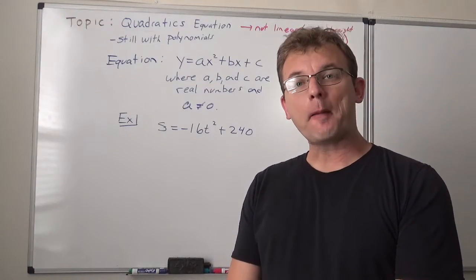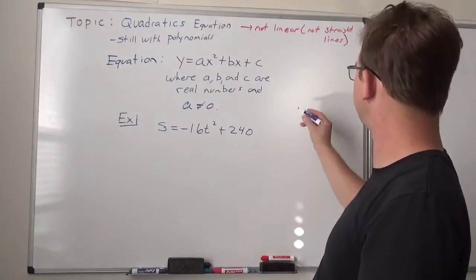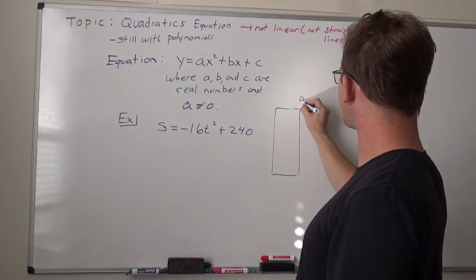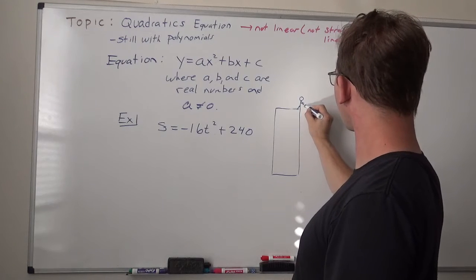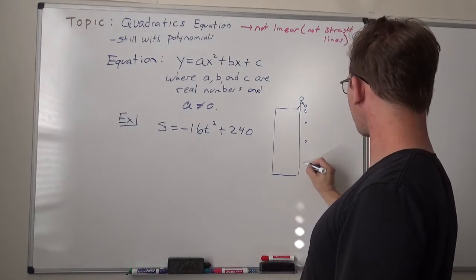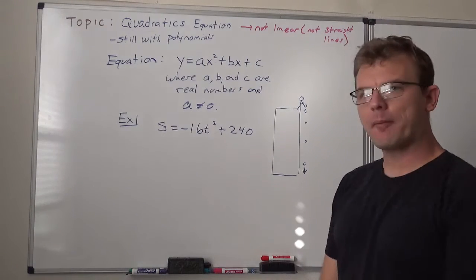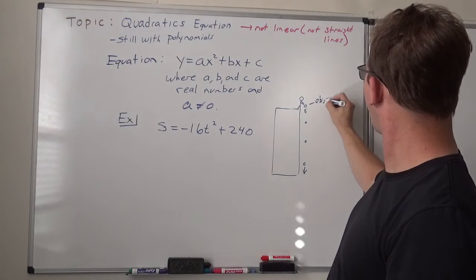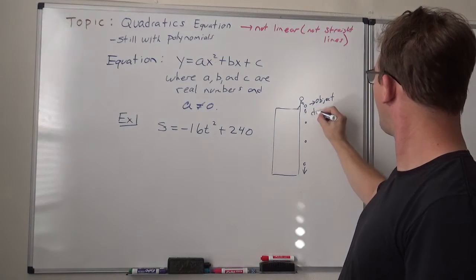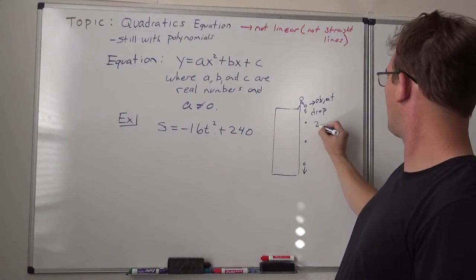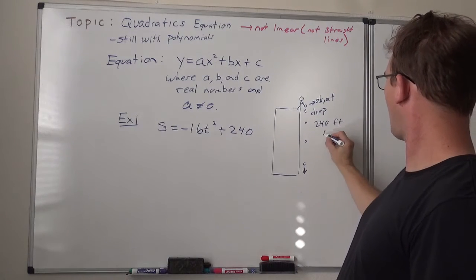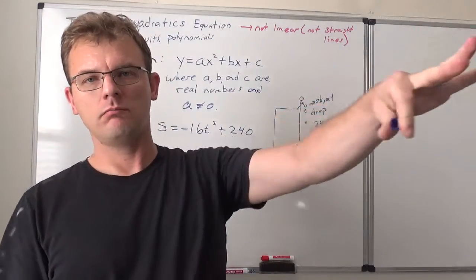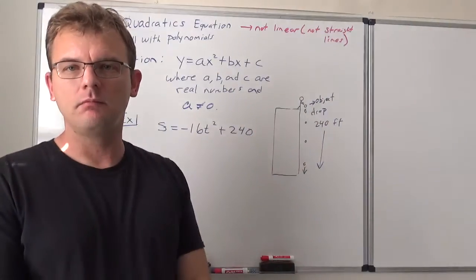Let's say you're standing on a building, 240 feet tall, and you drop a ball or an object.